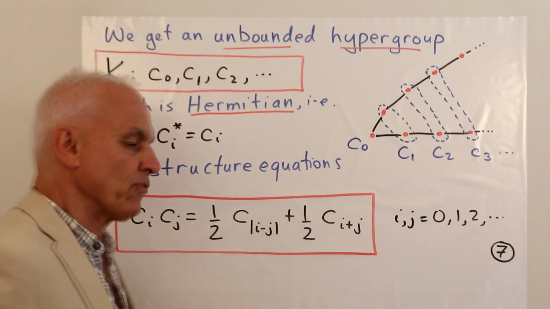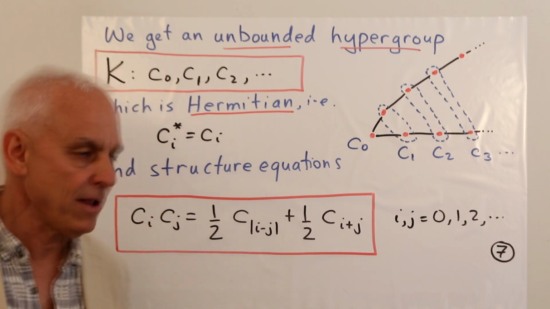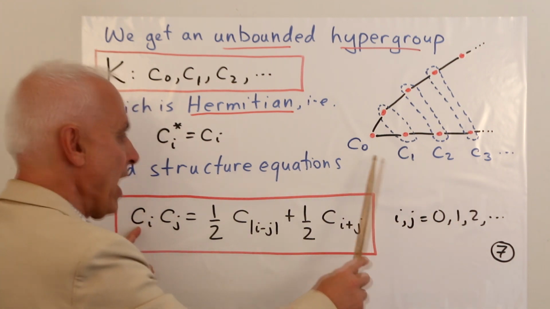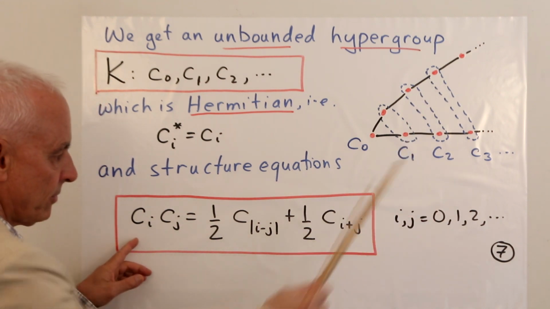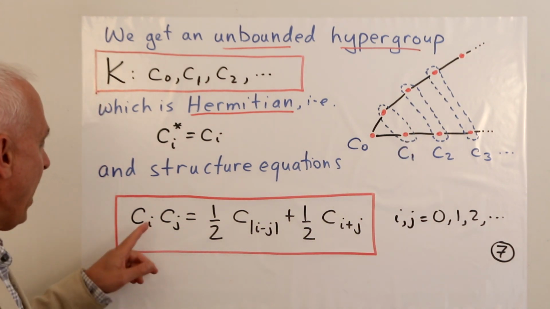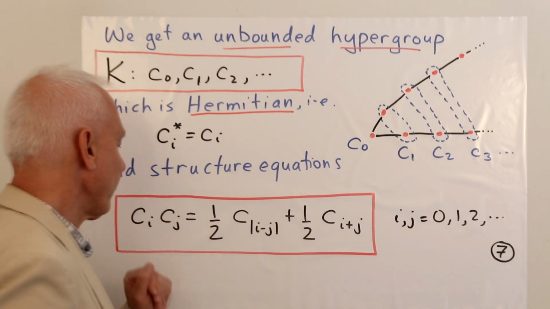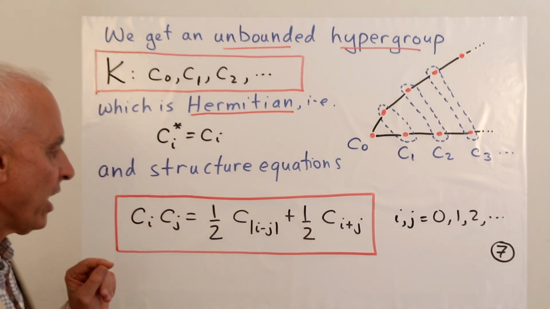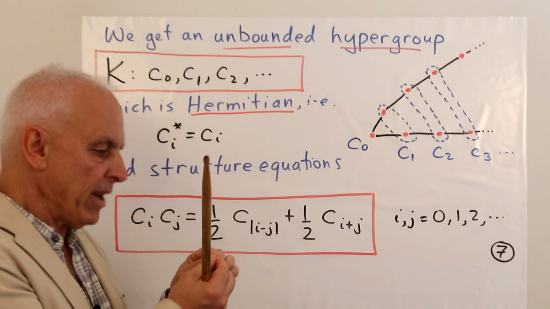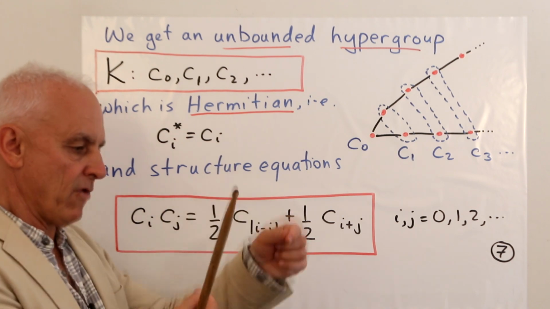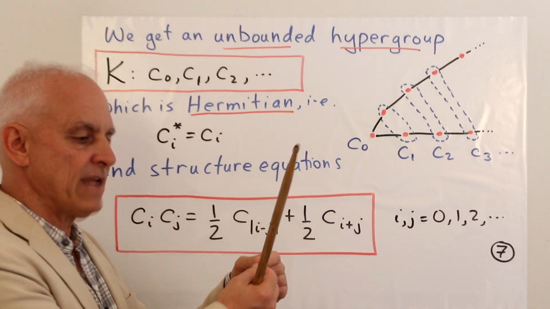Okay, and here are the structure equations that cover basically all the cases. If we have some Ci, where i is a natural number 0, 1, 2, 3, etc., and Cj is another natural number, then here is what happens when we take Ci times Cj. There are two things that we can do. Let's say we've gone to i, and now we're taking a step of size j.